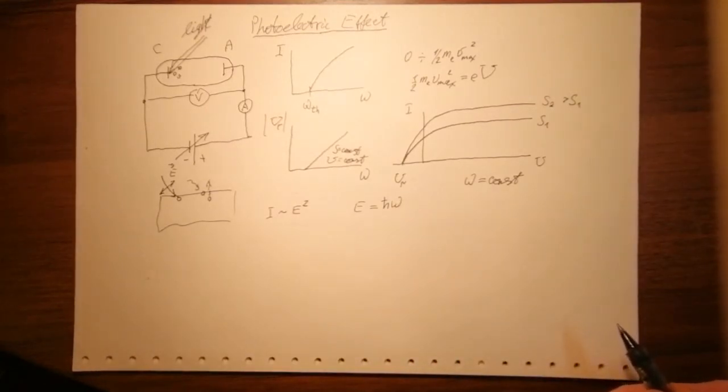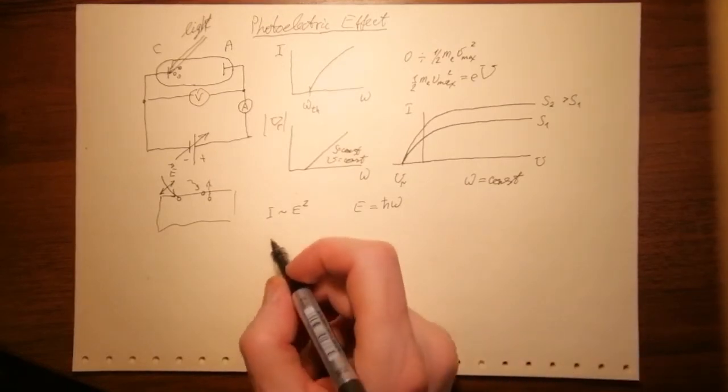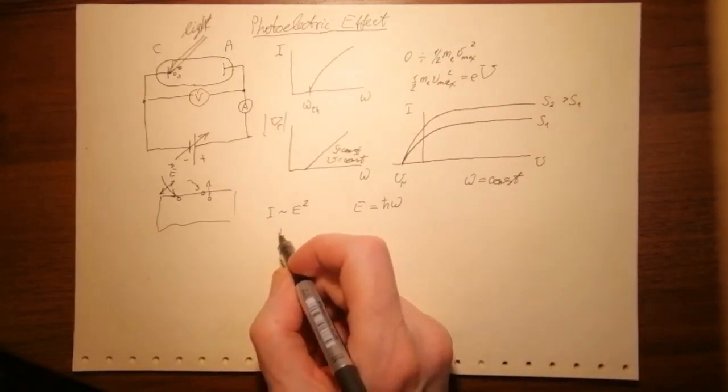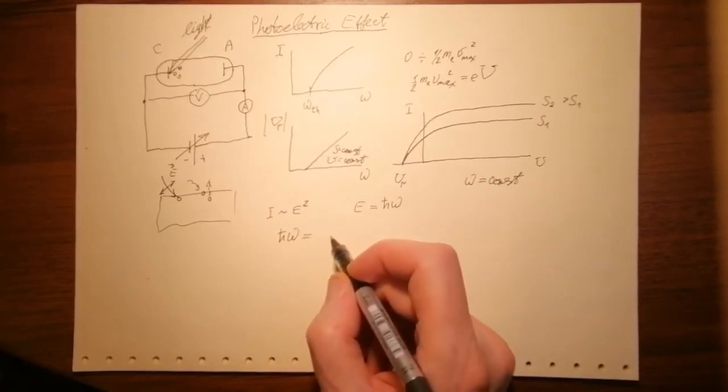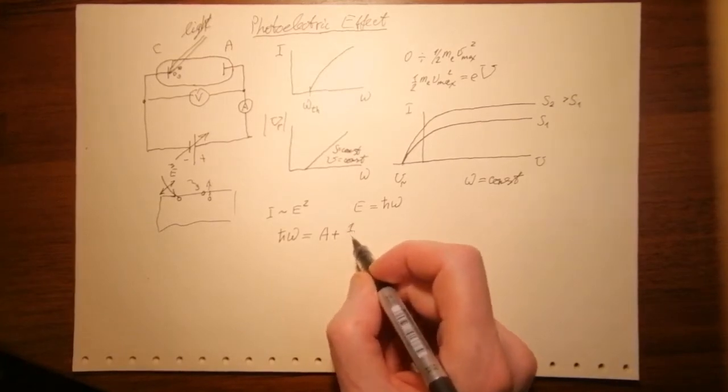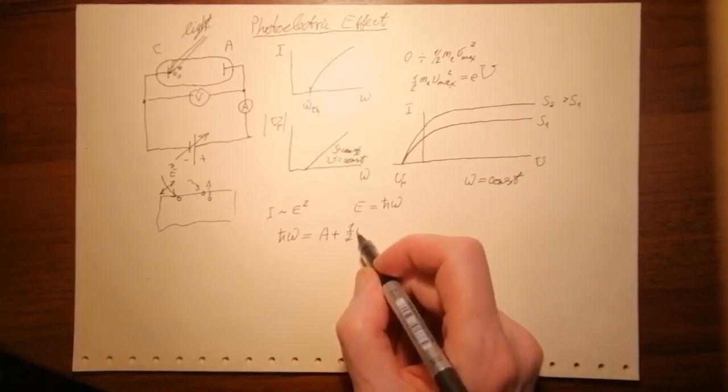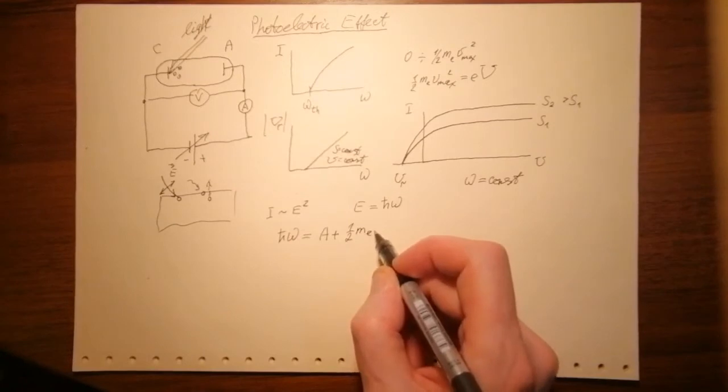Then Einstein wrote an equation which is called the Einstein equation for the photoelectric effect, and this equation is as follows: h omega is equal to A plus the kinetic energy of the electron.